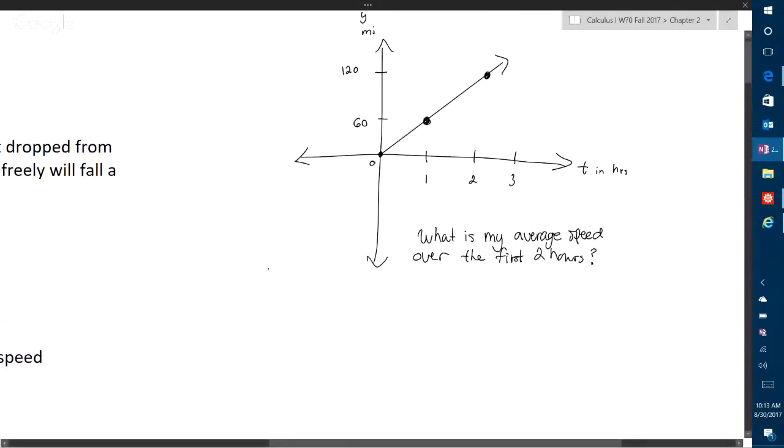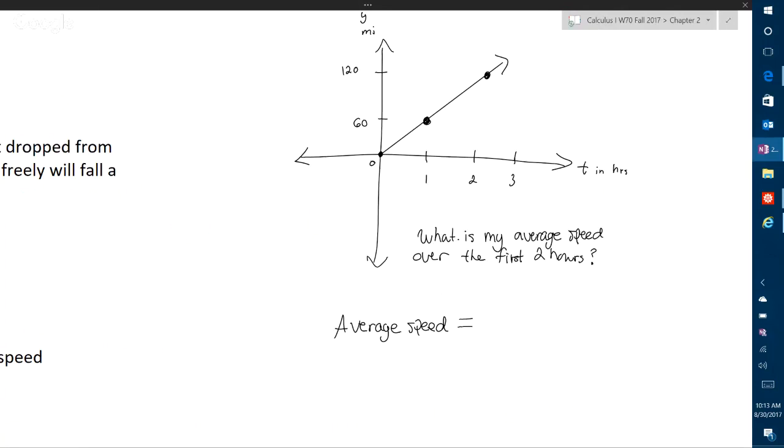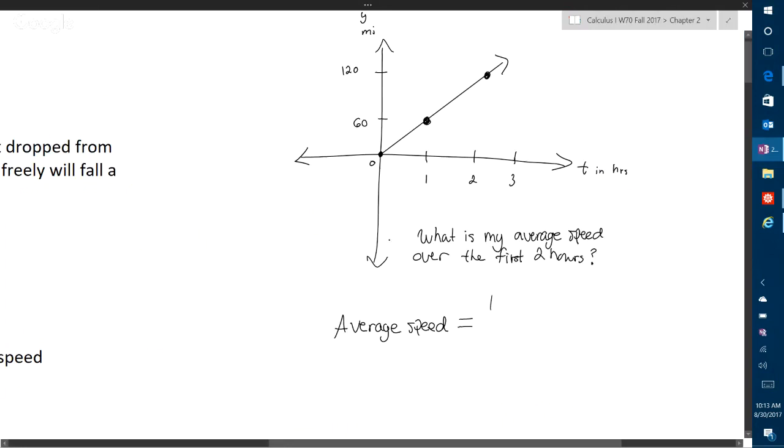So to calculate the average speed, I just have to take the distance that I've gone. To represent the distance that I've traveled, we're going to use this, it looks like a triangle.